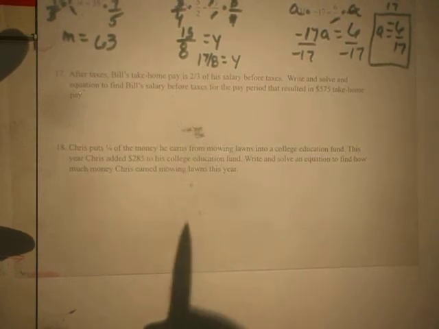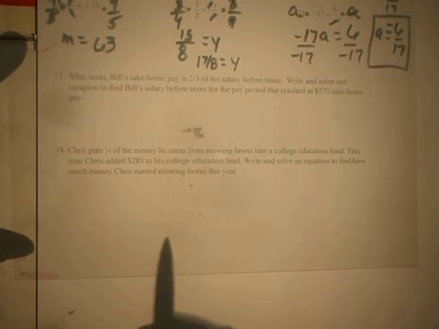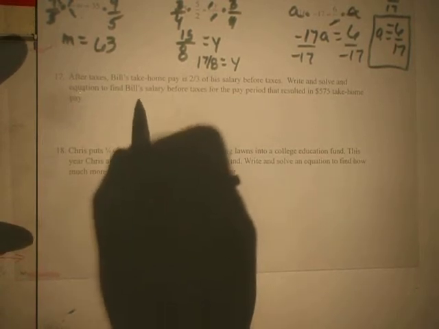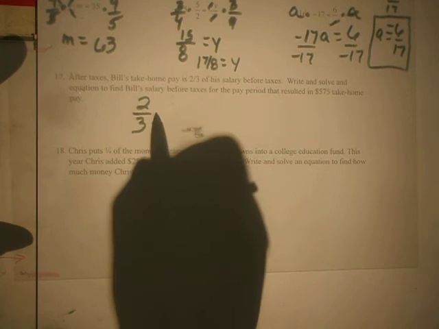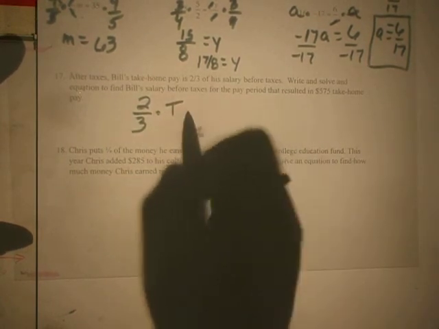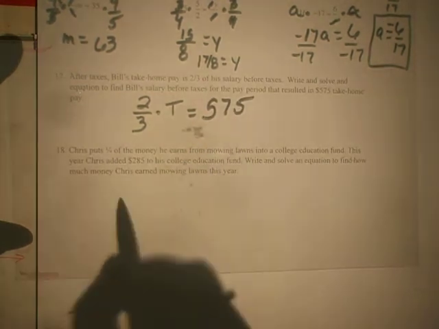And two story problems. After taxes, Bill's take-home pay is 2/3 of his salary before taxes. Write and solve an equation to find Bill's salary before taxes for the pay period that resulted in $575 take-home pay. So 2/3 of his total salary, I'm going to call that T, equals $575.